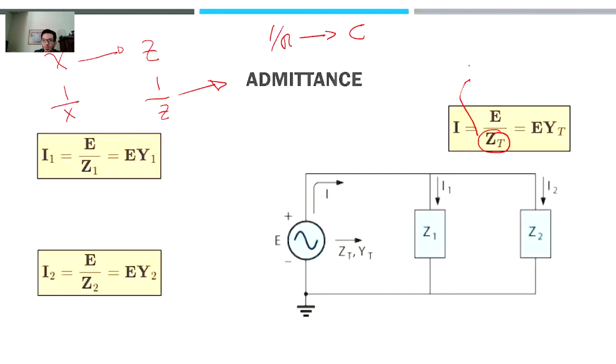In this particular case, the total impedance is simply, using your calculator, 1 over the square root of 1 over the reactance of the first element, whether it's a resistor, capacitor, or inductor, squared plus 1 over the reactance of the second element squared. That will give you the total impedance, which you will later use to compute your current given the initial voltage.